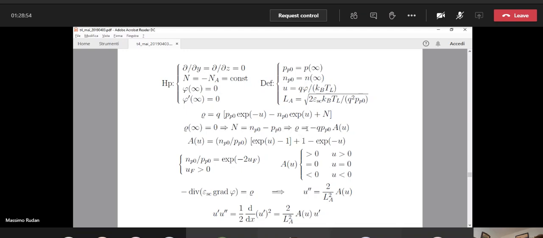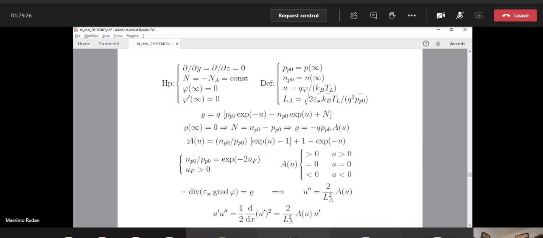Then we extract a minus from the expression of rho, and we also extract PP0, okay? After this is a simple algebraic manipulation. We can express rho as minus q PP0 times a function A that depends on U. And this function is here.